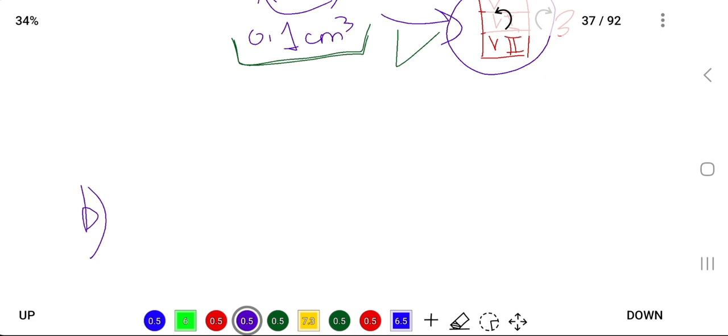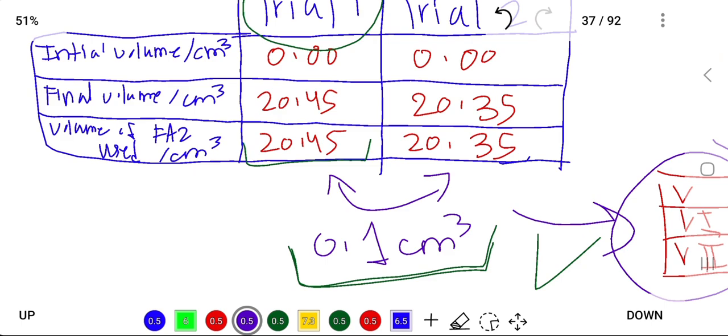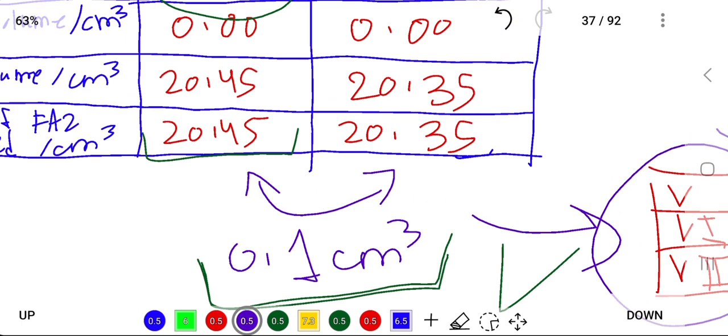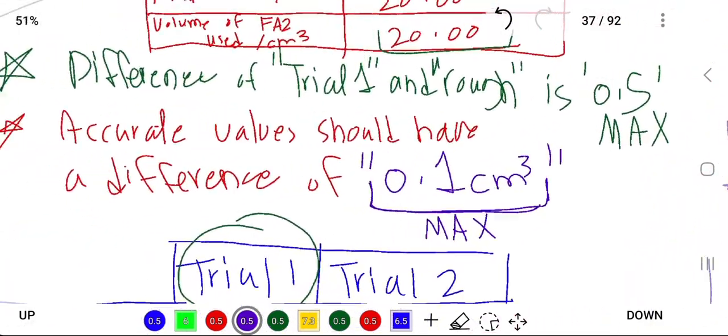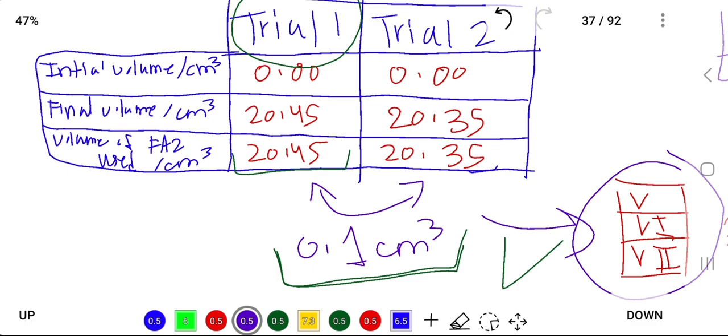For example, we have here: from your accurate titration results, obtain a suitable value to be used in your calculation. Furthermore, in titration, you will have a stoichiometry part of the calculation. So in part B, you should have the average of your accurate results. In this case, since our trial 1 and trial 2 were accurate because their difference was within the 0.1 max, you can use them.